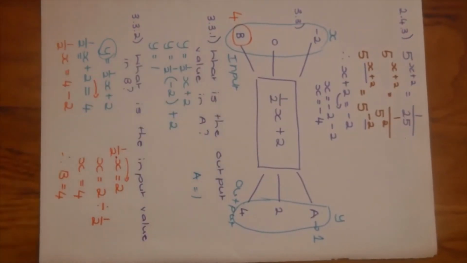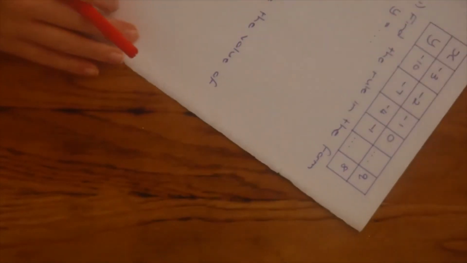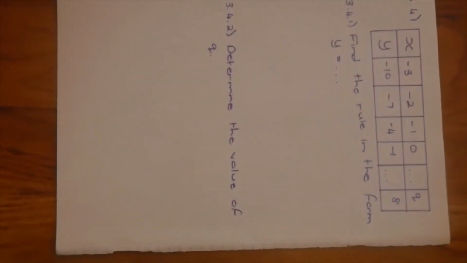Okay, so that is the flow diagram stuff. And lastly, we've got, just make sure this paper is in the shot. Okay, if I have the table form, it's very much the same thing as this.